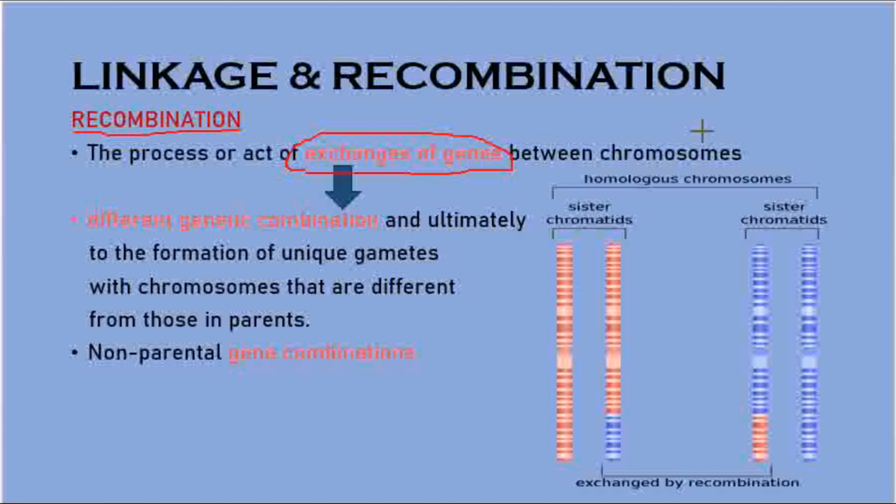So recombination is the process of exchange of genes between the chromosomes. Here you can see the sister chromatids and the exchange by recombination. This process you call recombination or crossing over.